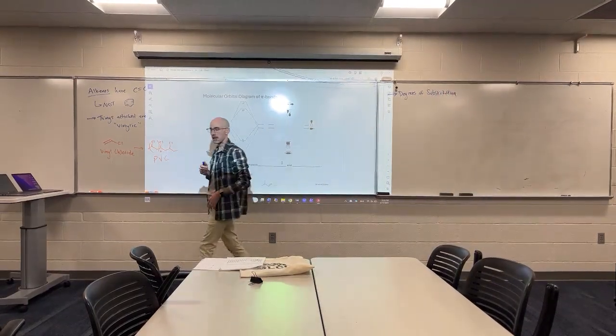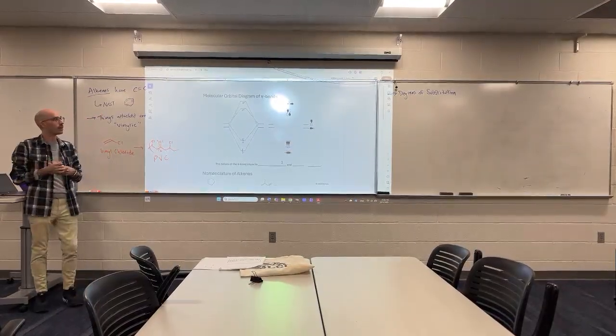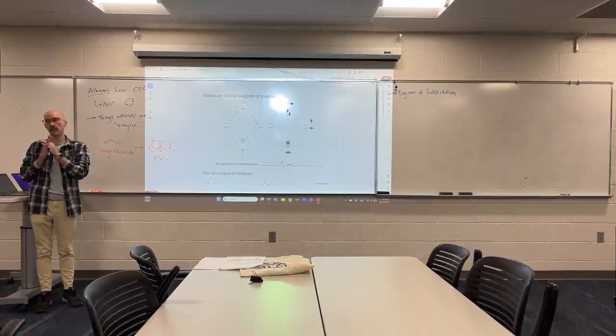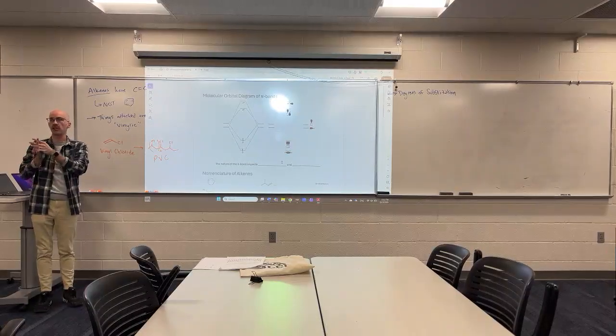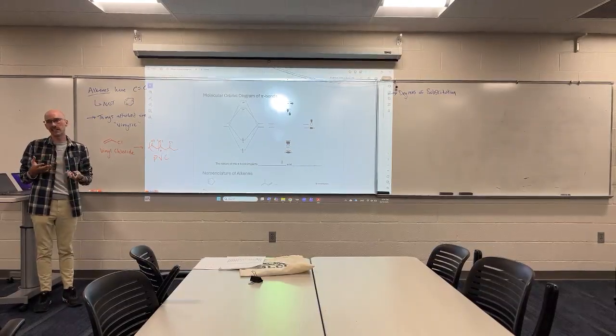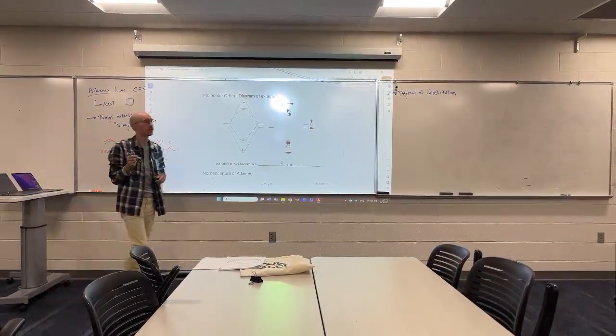And we can describe alkenes by their degree of substitution. The difference between describing an alkene by its degree of substitution and just a regular carbon is that the alkene needs to be described by two positions.